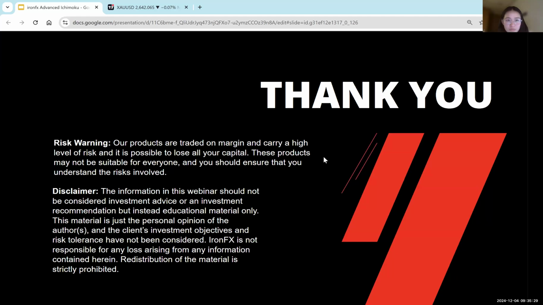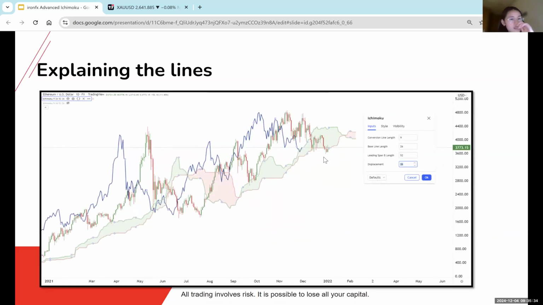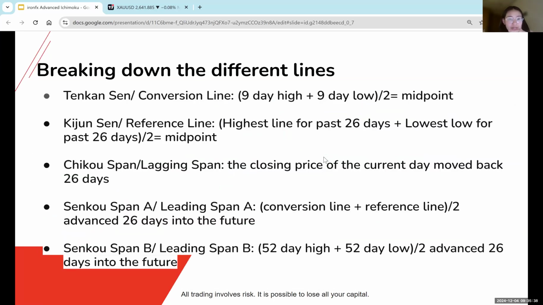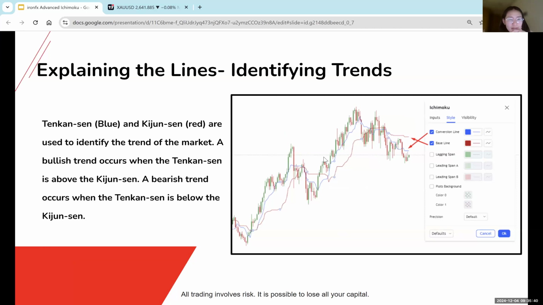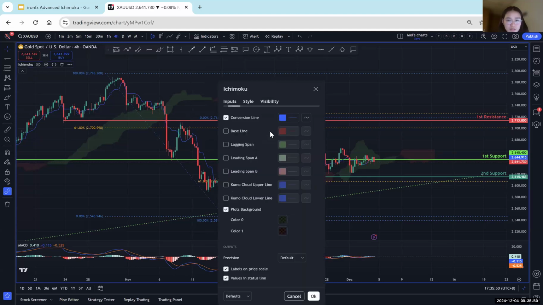If we go back to our slides, let's start off by looking at the very first line that we talked about, which was the blue and the red, conversion and base. So looking at Ichimoku, let's look at the conversion and the baseline first.